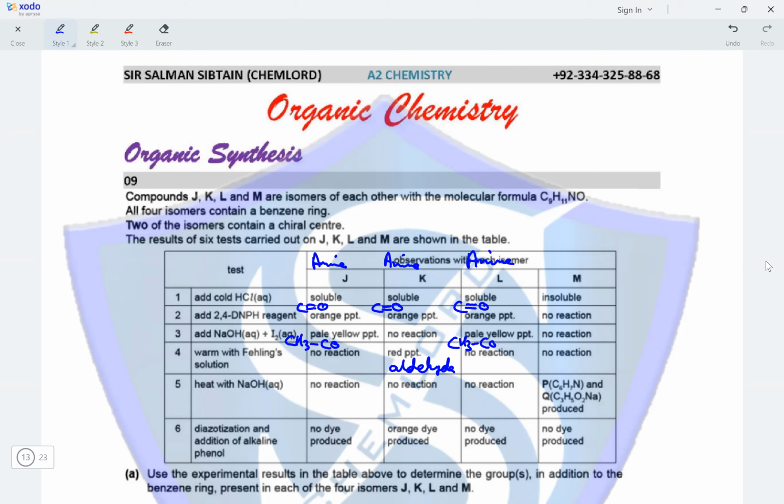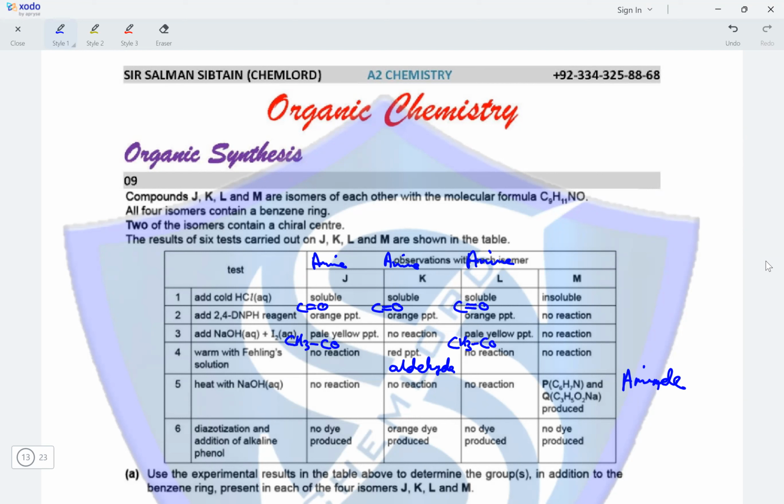So if J, K, and L are alkaline in nature, they will not react with NaOH, and P and Q are formed as products on heating with NaOH aqueous, and one of them contains ONa, which means that was the carboxylic part, and the other contains N. That means this is an amide, because an amide would undergo hydrolysis under alkaline conditions, producing a sodium carboxylate and an amine. So P is an amine, Q is a sodium carboxylate.